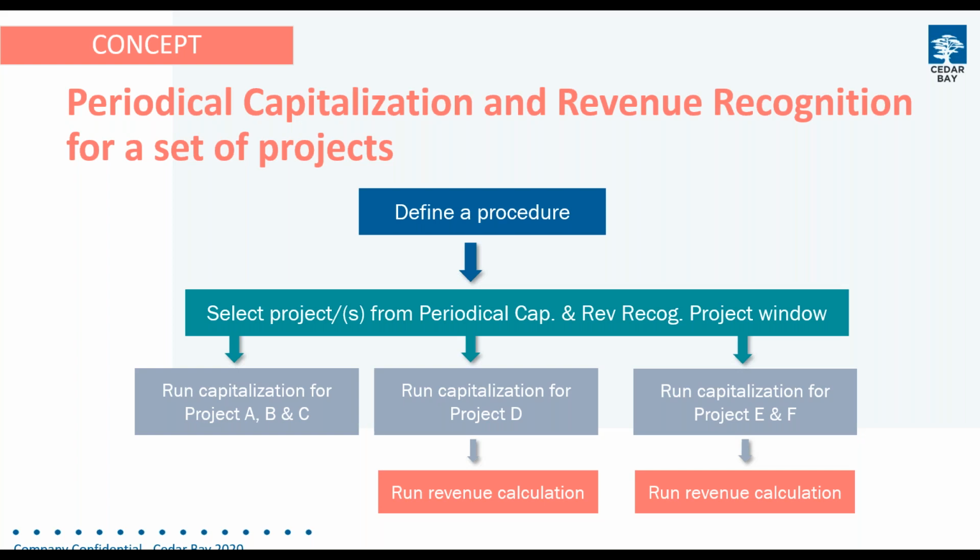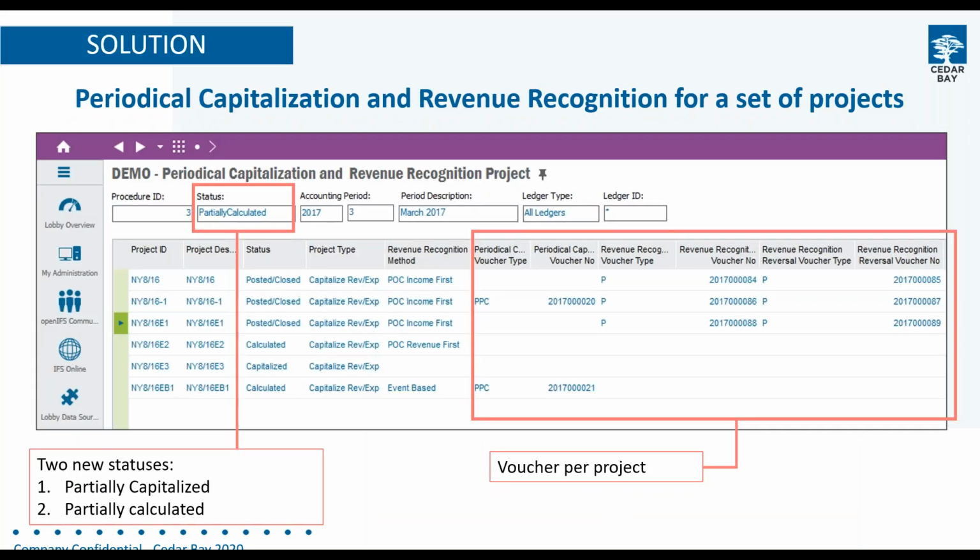How does this look within IFS? Well, firstly, we've got two new statuses. We've got partially capitalized and we've got partially calculated, which allows for a lot more flexibility in terms of how you want this process to run. Additionally, the vouchers are created per project. Now, if you remember, we talked about vouchers and how they represented transactions.